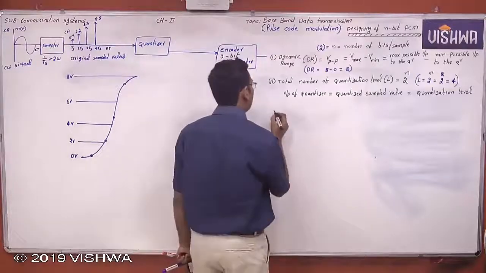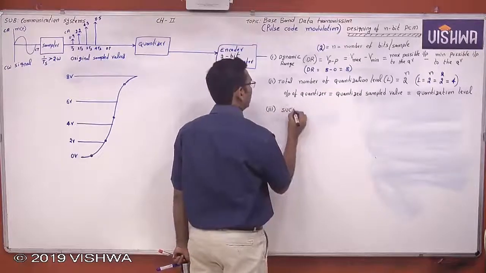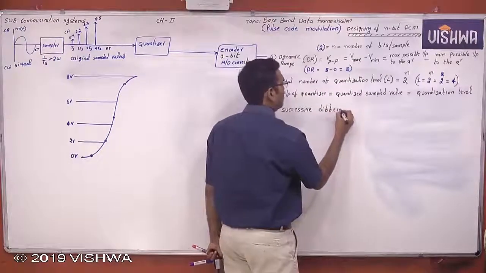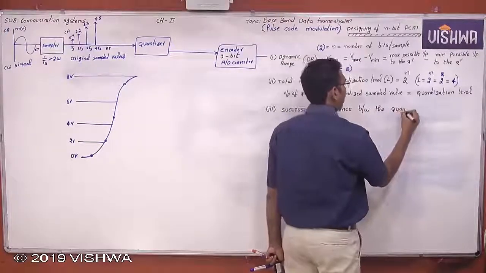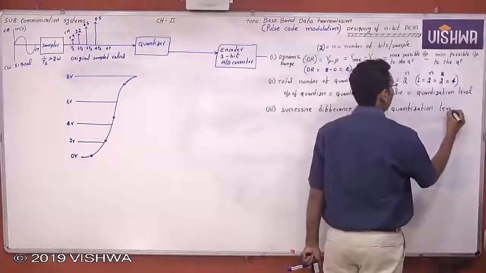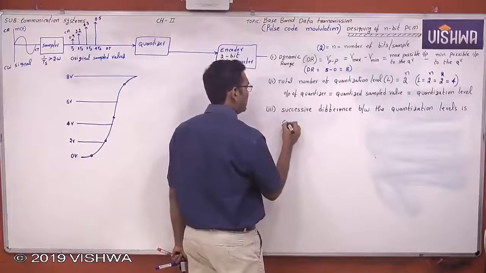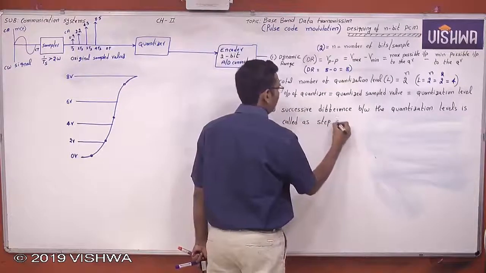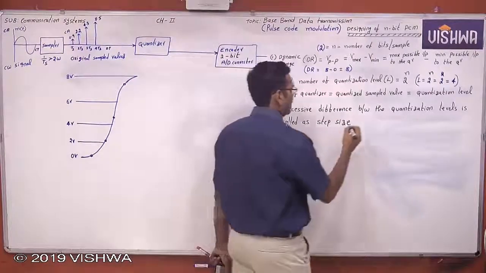The reference is nothing but the successive difference between the quantization levels, which is called the step size delta.